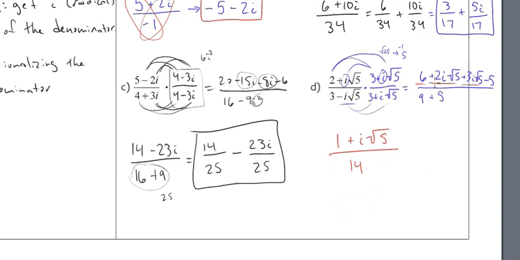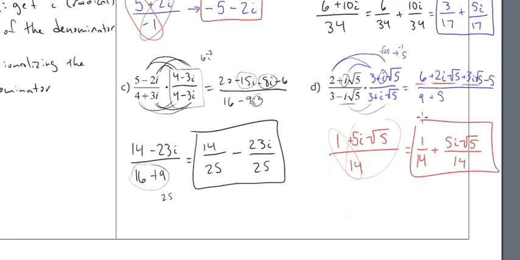That's positive 2 plus 3, so this should be 5i root 5. Now as we get this into its real portion and its imaginary portion, we have 1/14 plus 5i root 5 also over 14. And there's your final answer. Alright, hope that helped.